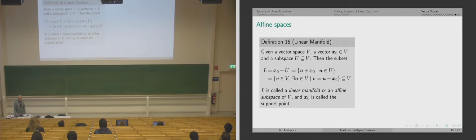Here that vector is called x0, the one that offsets all the vectors. It's also called a linear manifold, or an affine subset of V, and x0 is called a support point.